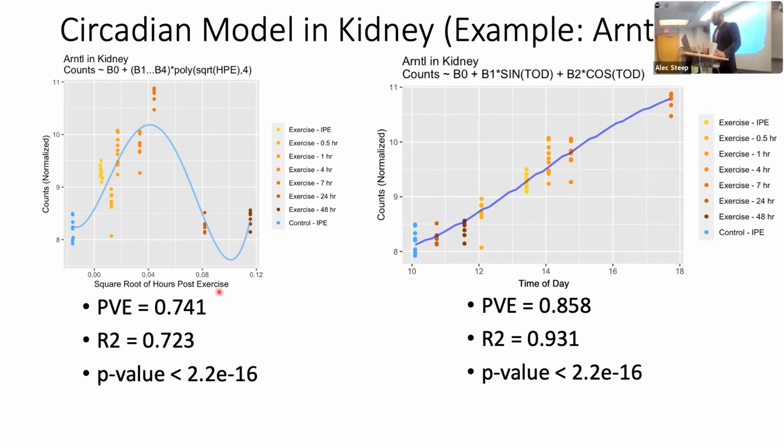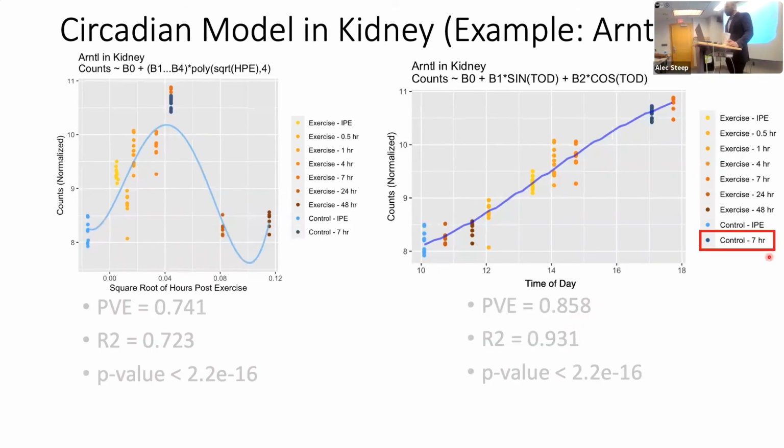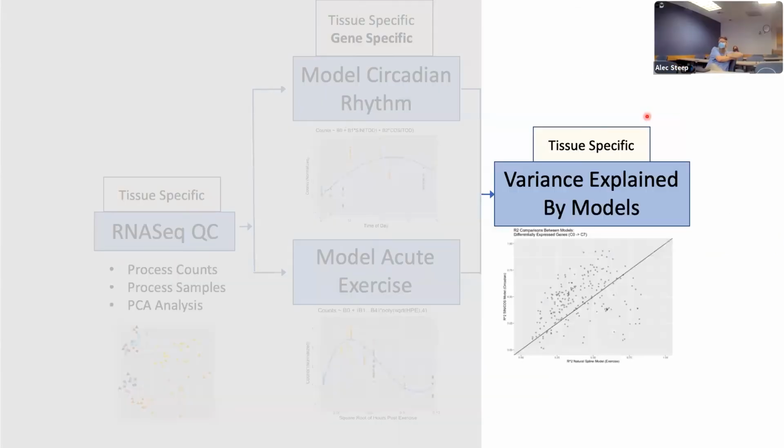It's really this strange little coincidence. So let's just focus on the PVE here. We have high percent variance explained by both models. So we need a way of differentiating these. And then, of course, if we add the 7-hour control group, it could fit conceivably to either model.